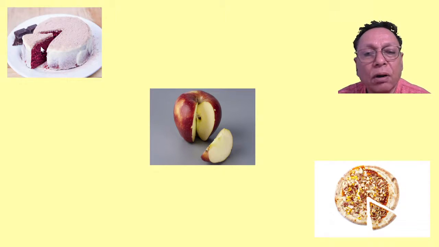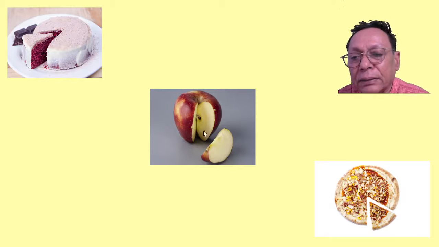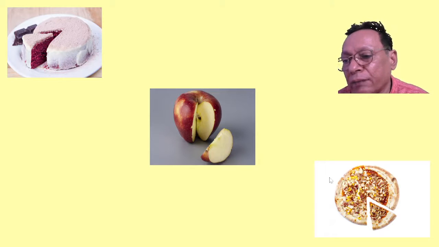So this is called a slice. Similarly, when you see the apple, the entire apple, and this is a part of the apple. So this is called a slice. Likewise, if you see the pizza, from the entire pizza we see a small part of this pizza, and this is called a slice.